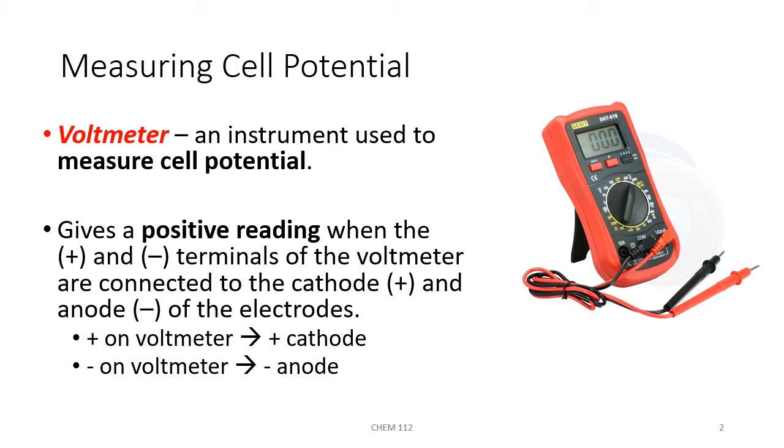The voltmeter always gives a positive reading, and we'll come back to why it's positive in a little bit. We want to connect the positive and negative terminals to the cathode and the anode, our electrodes. So the positive on the voltmeter gets connected to the positive end, the cathode, and the negative on the voltmeter gets connected to the negative end, or in other words, the anode. When we have it set up correctly like that, we get that positive reading in volts.